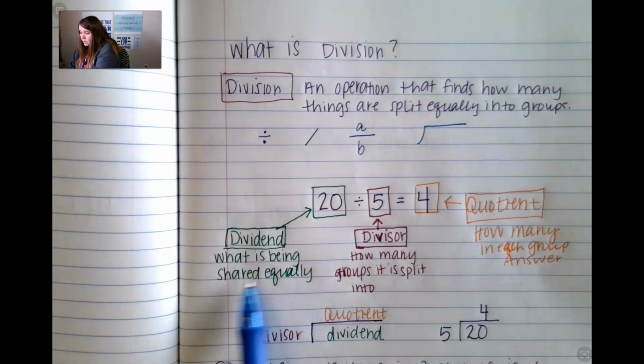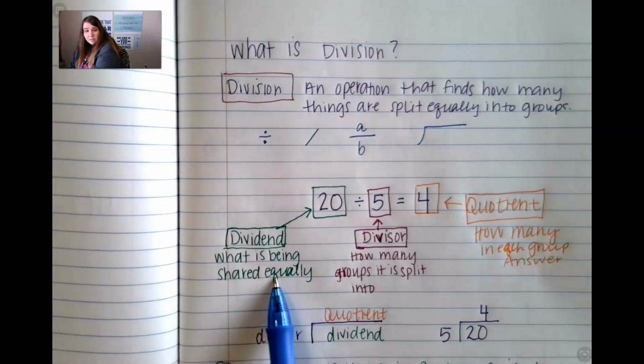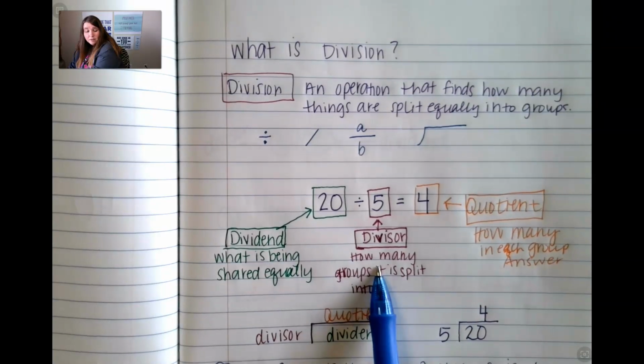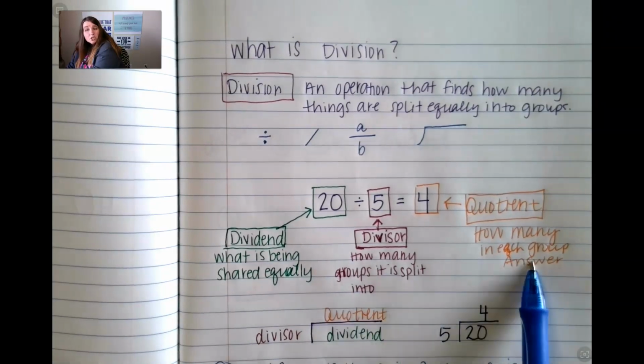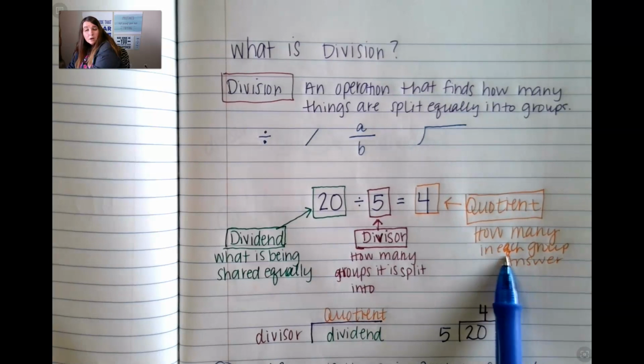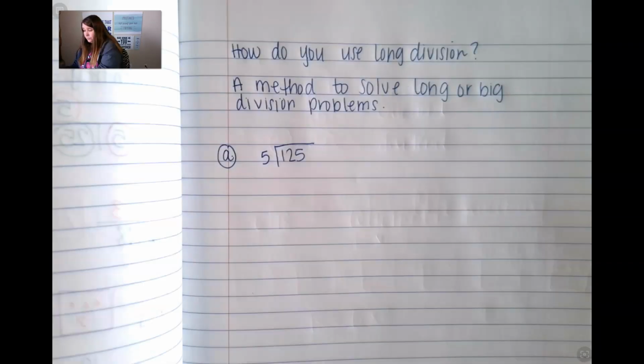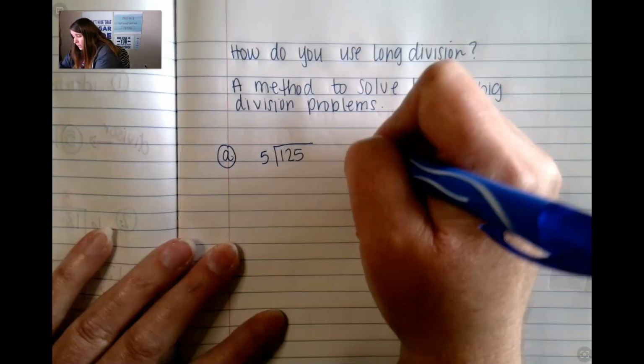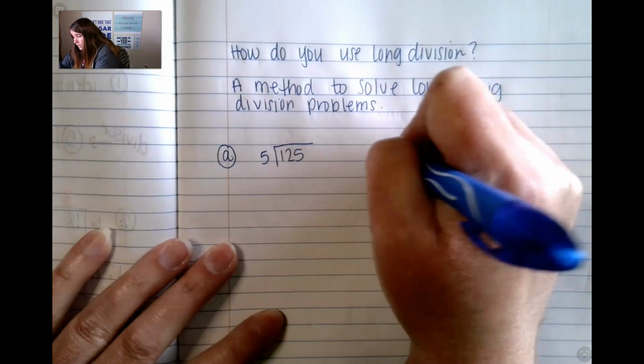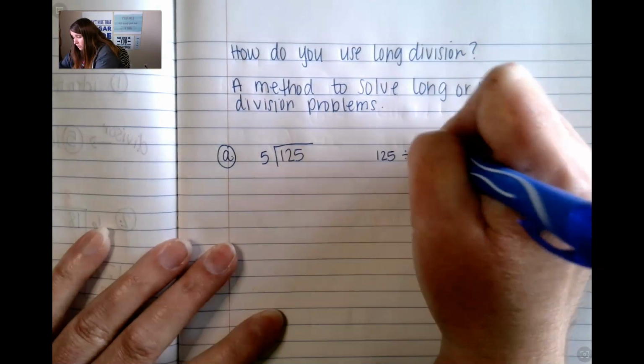I have 125 things being divided into 5 equal groups, and my job is to find out how many are in each group.